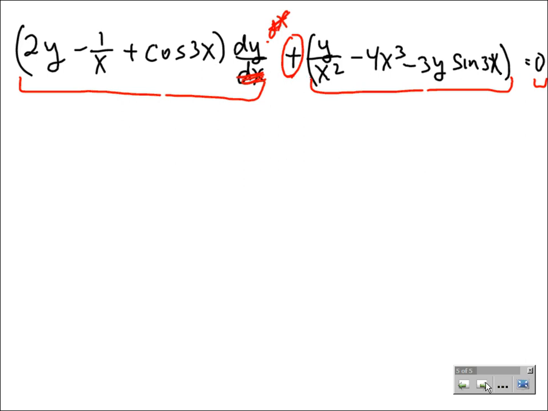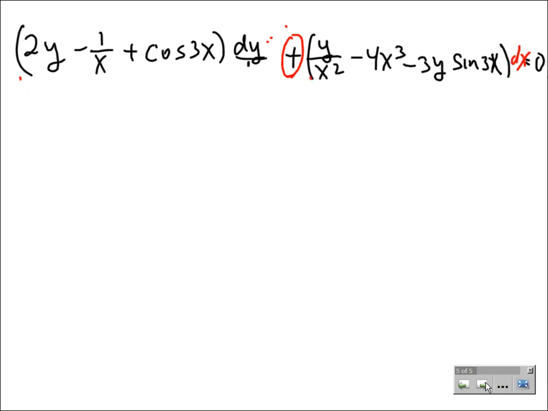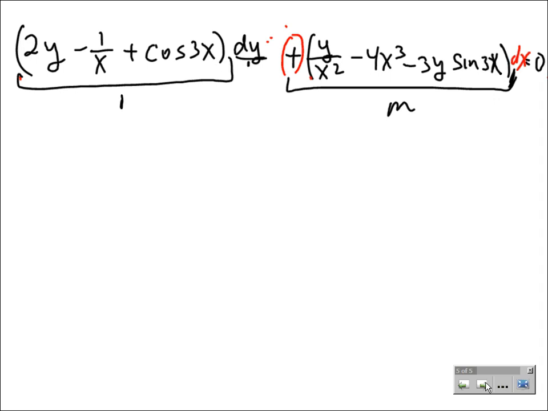And if I multiply the second term by dx, I get that. If I multiply 0 by dx, I still get 0. So rather easily, you can get this into what we'll call standard form. Remember, M is before N. So I'm going to call this M, not the dx, and I'm going to call this N.